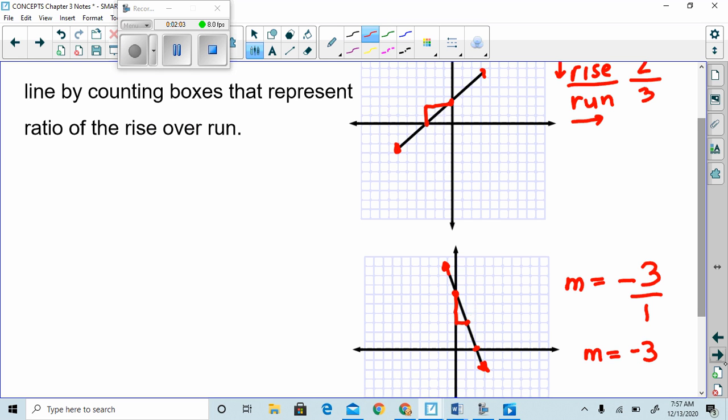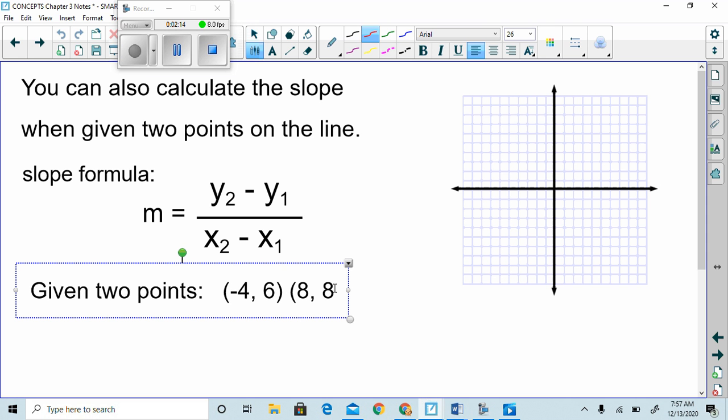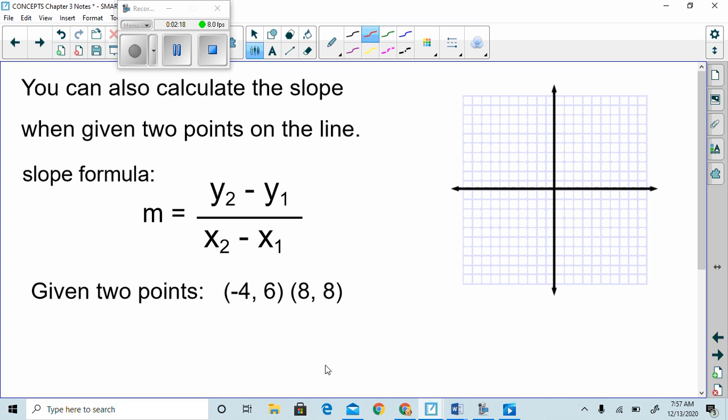But more times than that, we'll be given some points that fall on the line. So what does that look like? Well, we're going to be told that these 2 points are on a line, and it's not graphed for us, but we'll graph it at some point here, and we could easily graph these points right away if we wanted to. I could easily go and say the first point is negative 4, 1, 2, 3, 4, and up 1, 2, 3, 4, 5, 6.